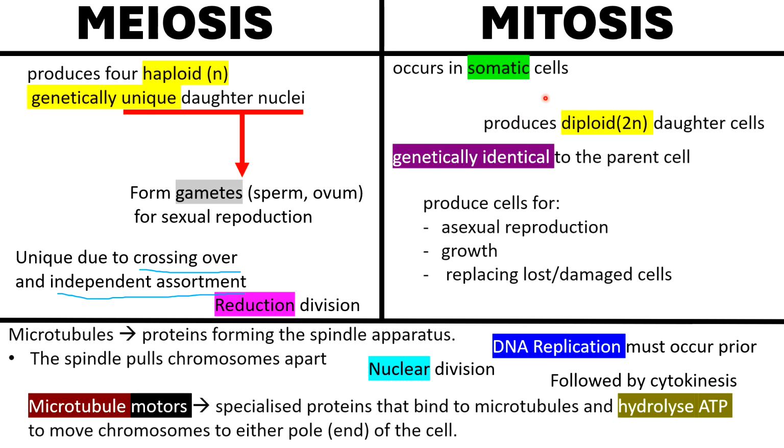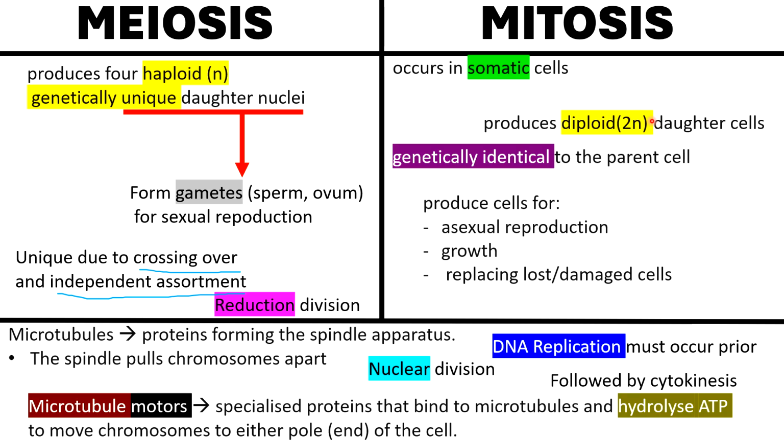Now, mitosis occurs in somatic cells, not in germ cells, which are gametes. Somatic cells are basically any type of cell which is not a sperm or the egg cell, which is not a gamete. The word for that is germ cells.